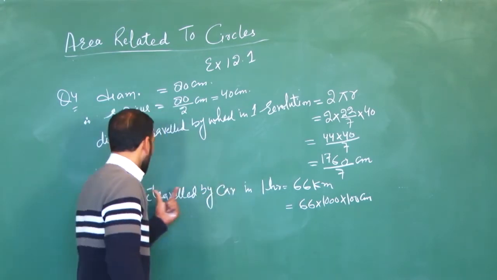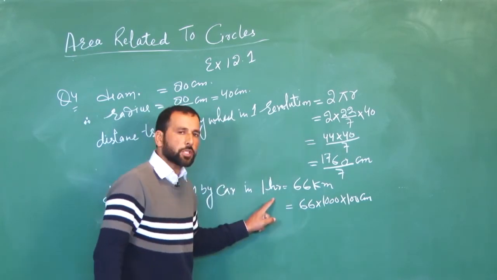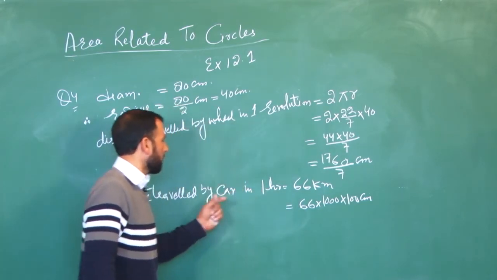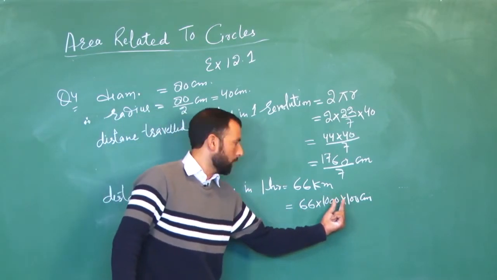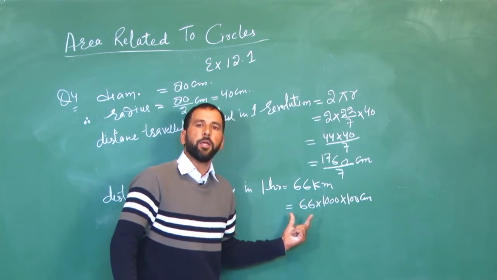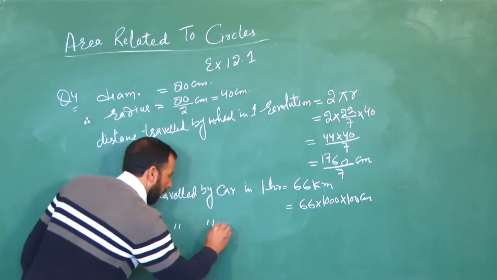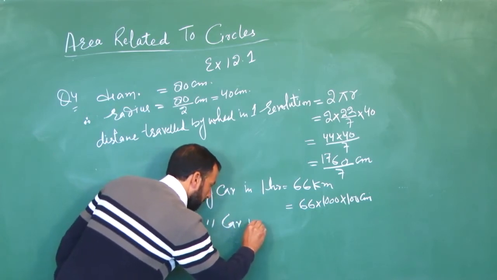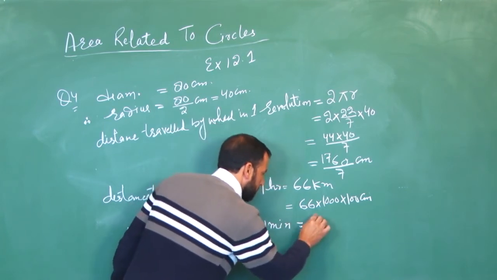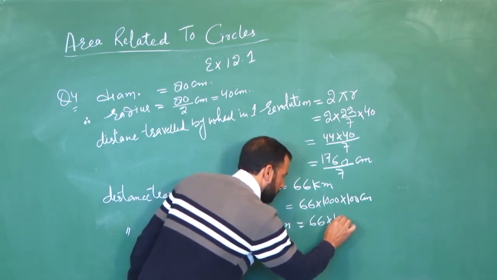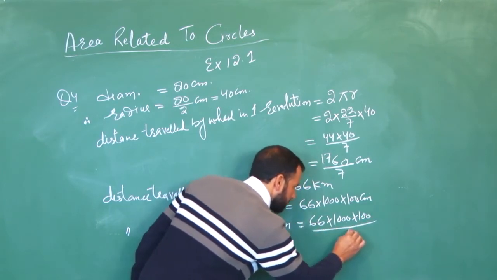Now clearly, what is the distance traveled by car in 1 minute? 1 hour contains 60 minutes. So the distance traveled by the car in 1 minute is 66 into 1000 into 100 divided by 60.